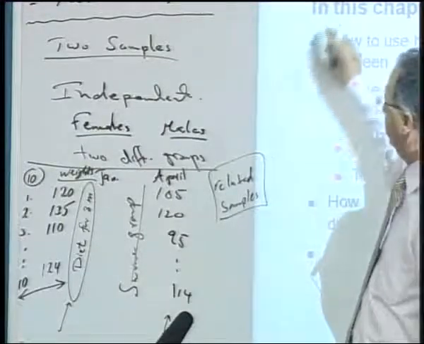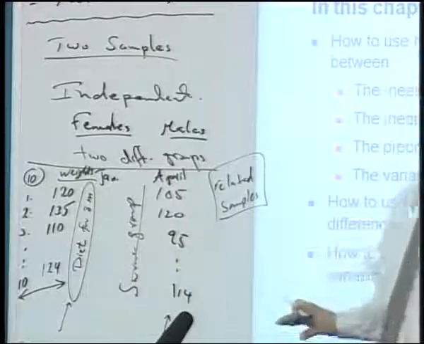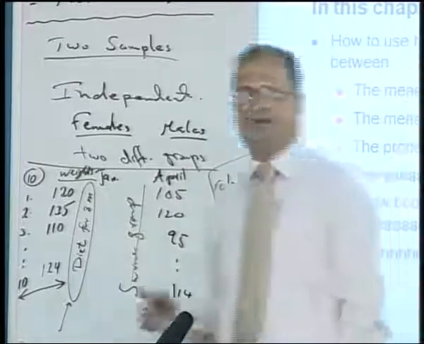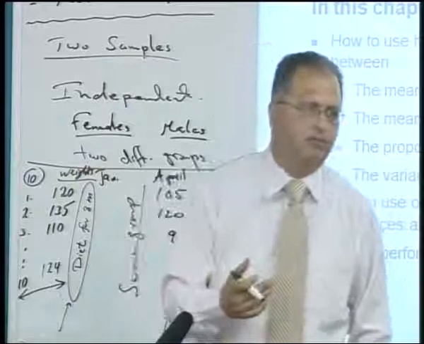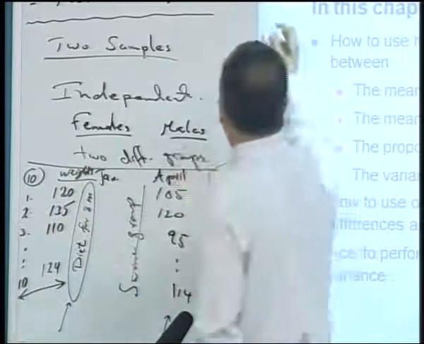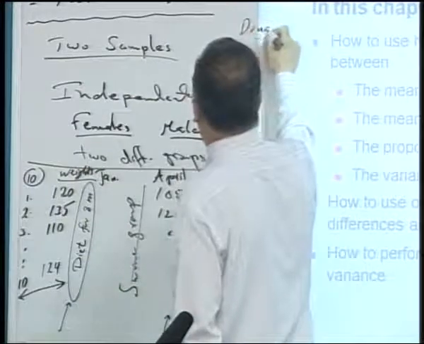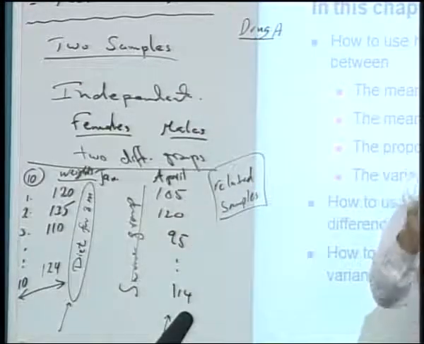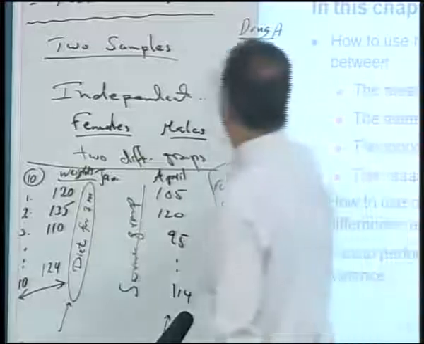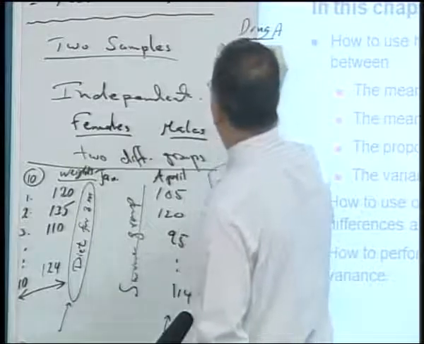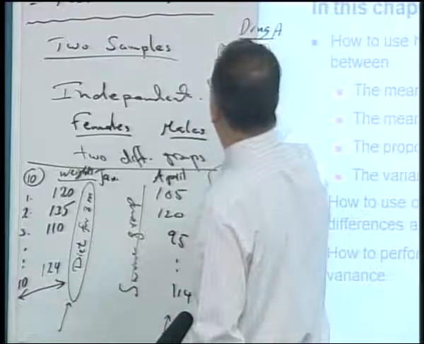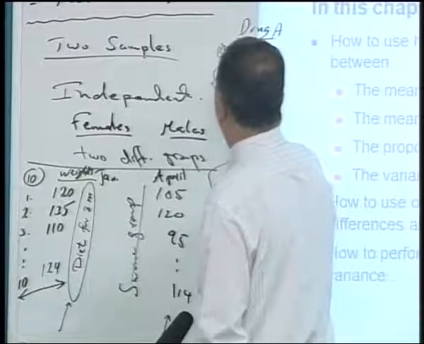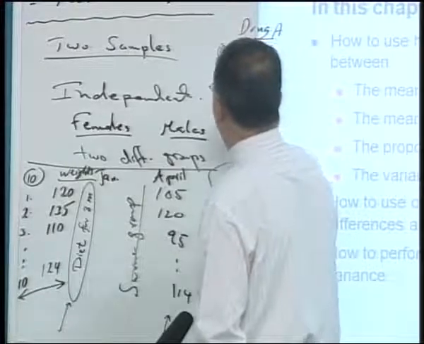Another example for related samples. Suppose some patients have high blood pressure and they are using drug A. We have some information about their blood pressure. Suppose the first person's blood pressure is 145. The second one, suppose 160 and so on.